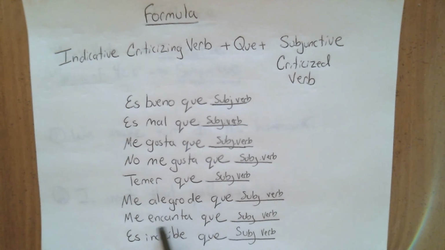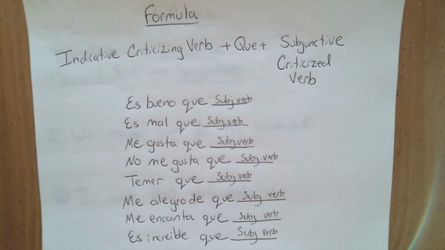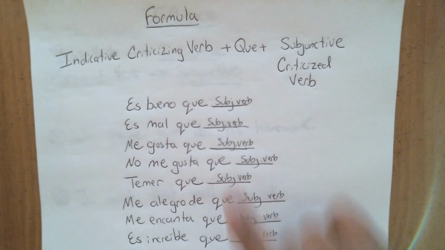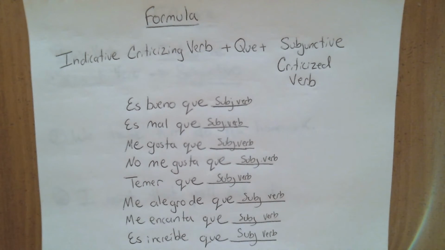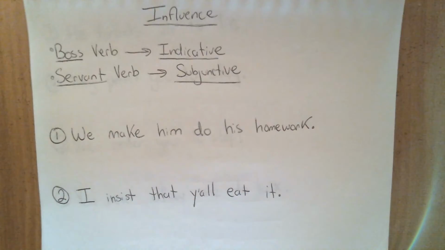To fear that, or me alegro de que means I am elated that, or me encanta que I am delighted that, or es increíble que it's incredible that, or it's unbelievable that. So all of these are criticisms. Some are positive, like me gusta. Some are negative, like no me gusta. But negative or positive, you have your criticizing phrase, then you have a que, then the verb that you're criticizing is going to be in the subjunctive. Pretty straightforward. That one should only take you a couple days to memorize.